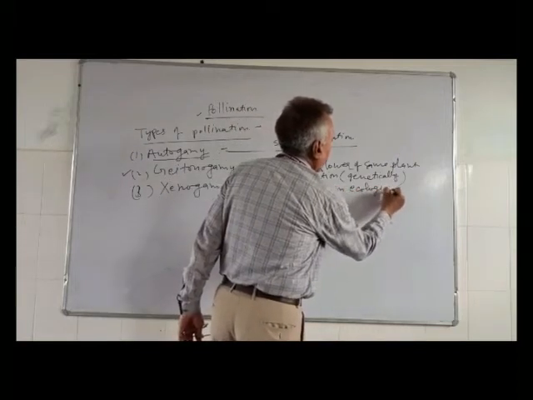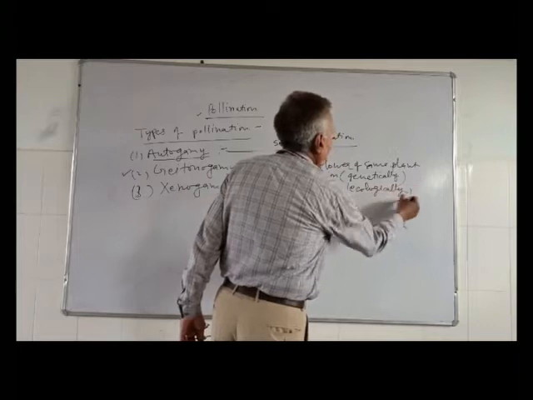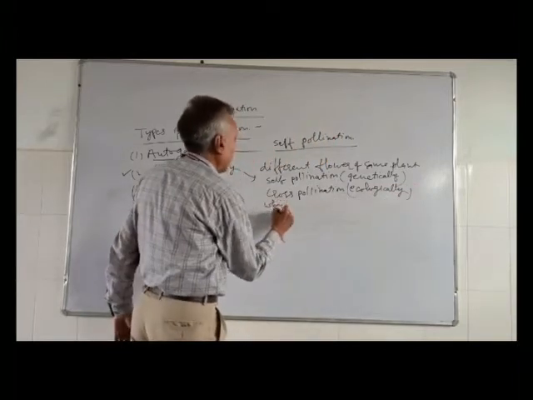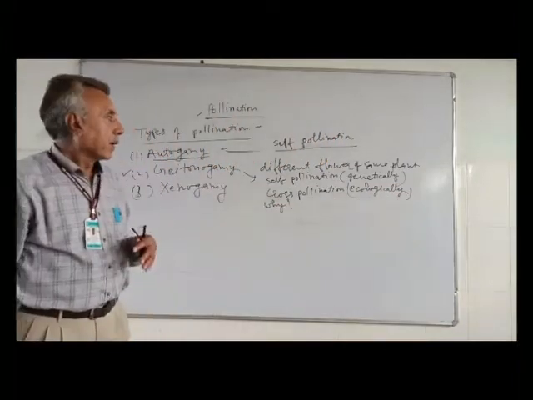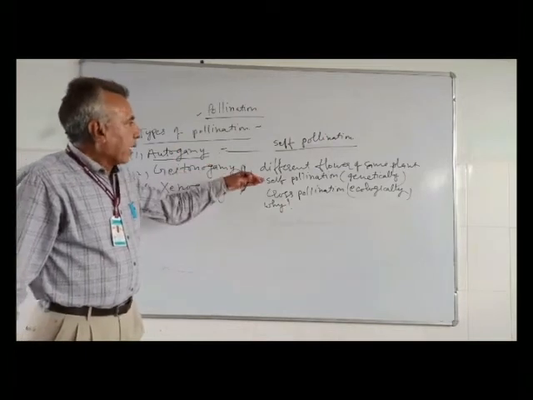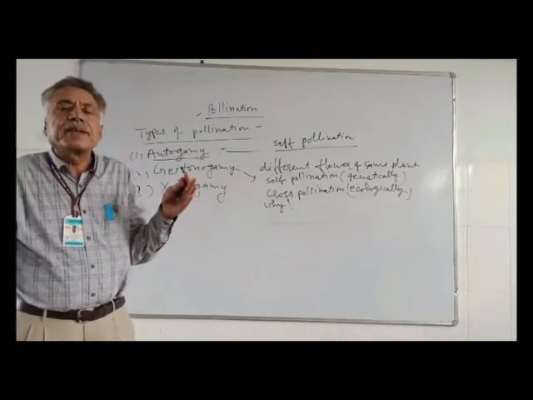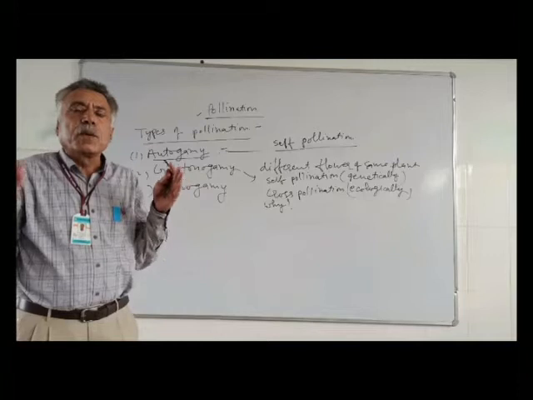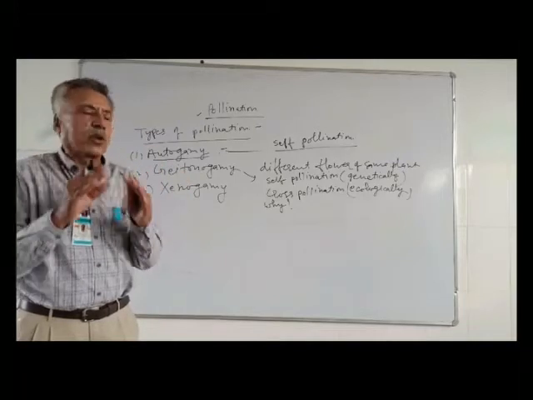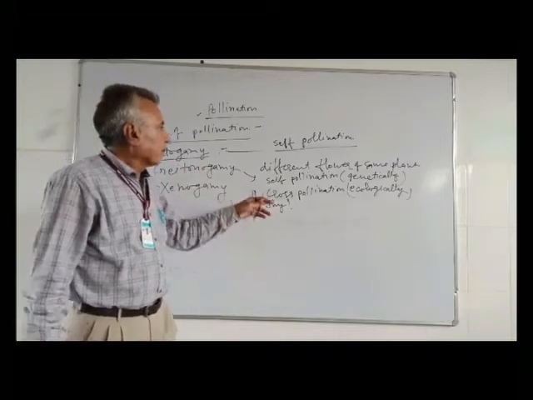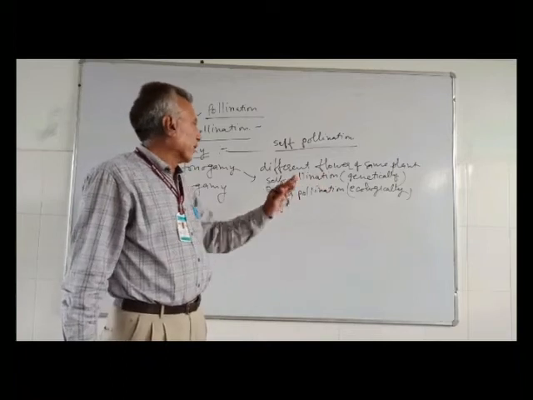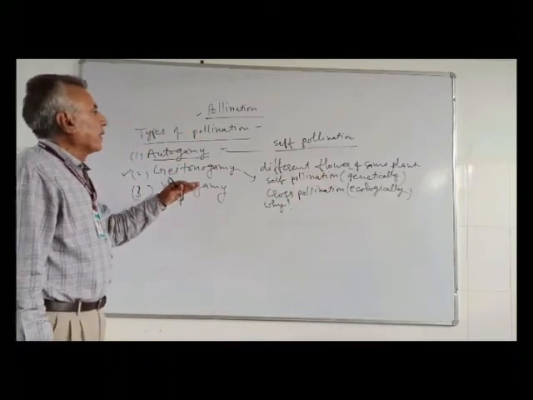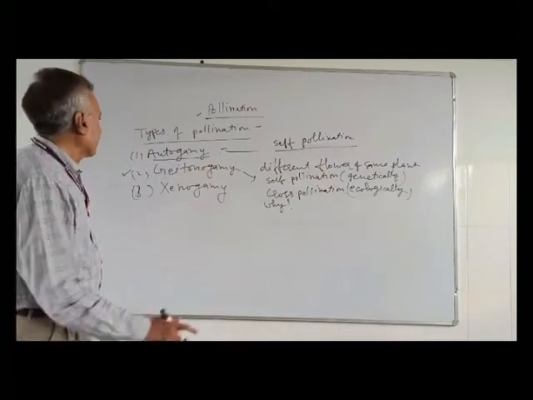Why? The answer is very simple. The plant is the same, but the flowers are different. Thus, for the pollination, a pollinating agent is required. That is why it is cross pollination ecologically, and genetically it is self pollination.